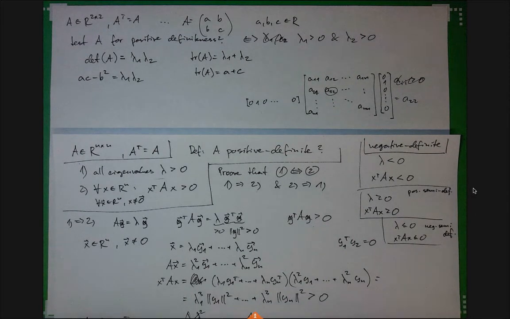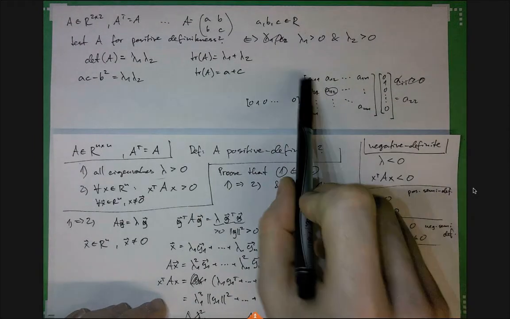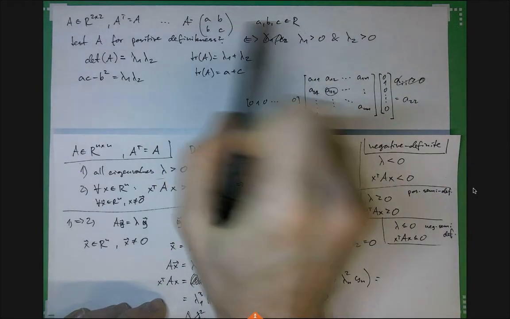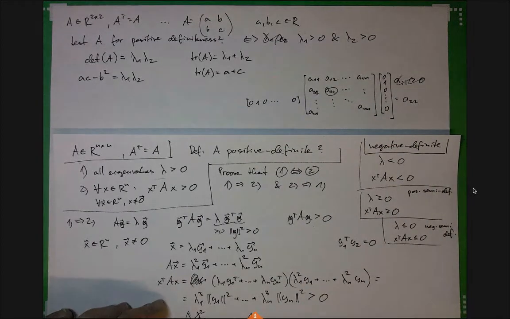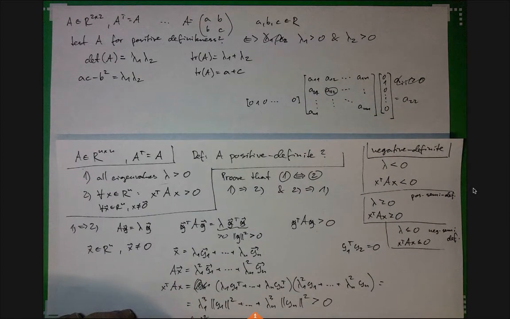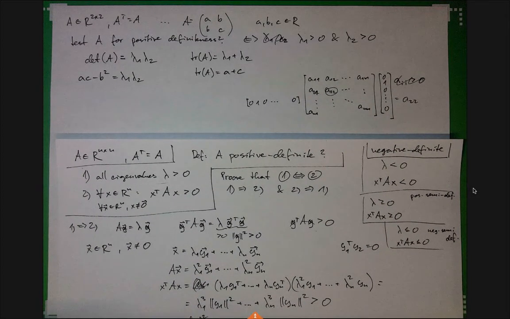So did you get it? A necessary condition for the matrix to be positive definite is that all the elements on the diagonal have to be positive. It's not sufficient, it's just necessary.